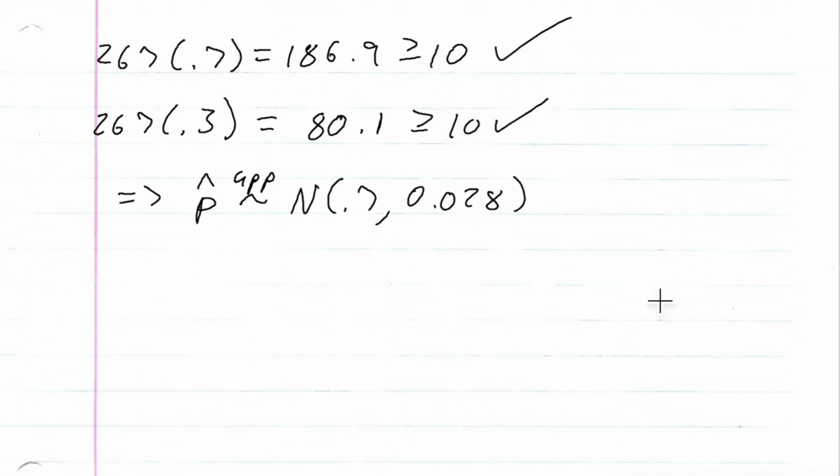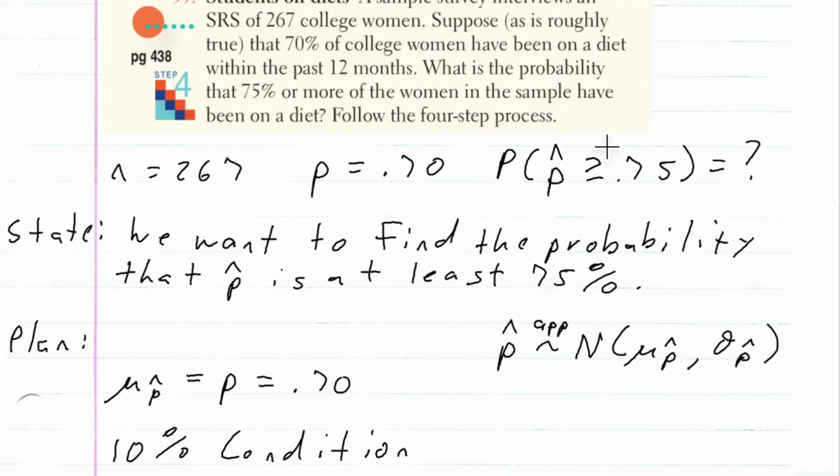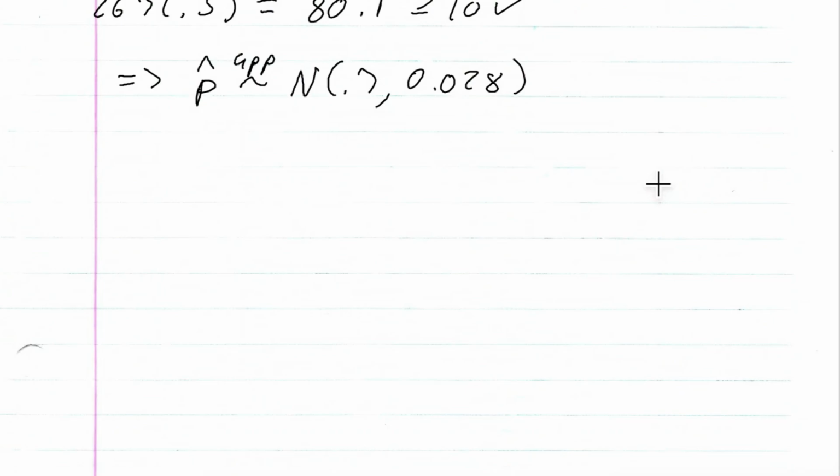All right, so now that we have this, we can relatively easily compute the probability that p hat is bigger than or equal to 0.75. So now the do part of our four-step process. We want the probability that p hat is bigger than or equal to 0.75.